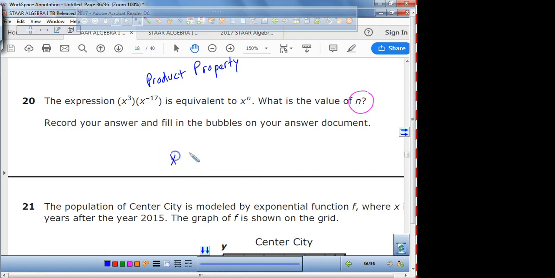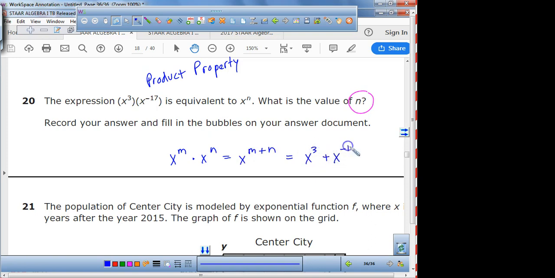What are you allowed to do with exponents when you have the same base? What are you allowed to do with those exponents? Yes. Add them together. So check it out. We have x to the power of 3 times x to the power of negative 17. What are we going to do with these exponents?